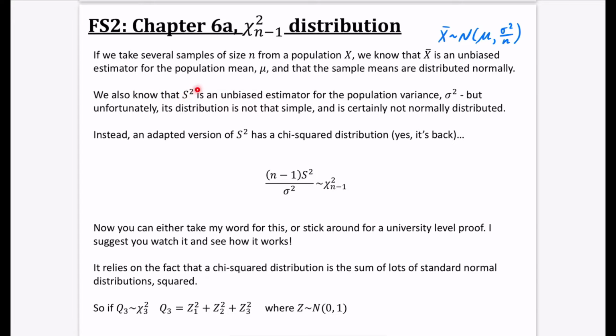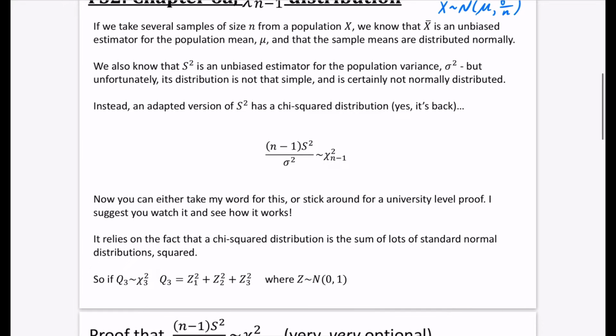Now, we also know that s squared is an unbiased estimator for the population variance sigma squared. But unfortunately, its distribution is not that simple and is certainly not normally distributed. We cannot use the central limit theorem on the variance estimator because it doesn't have this normal distribution at all. Instead, and this is where you're going to be like, what? An adapted version of the sample variance has a chi-squared distribution.